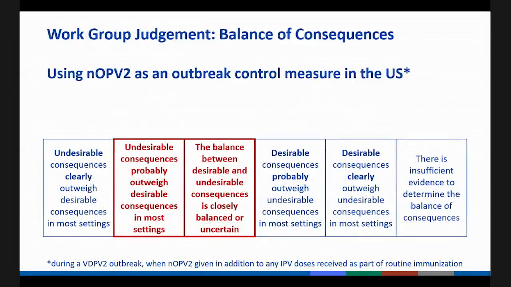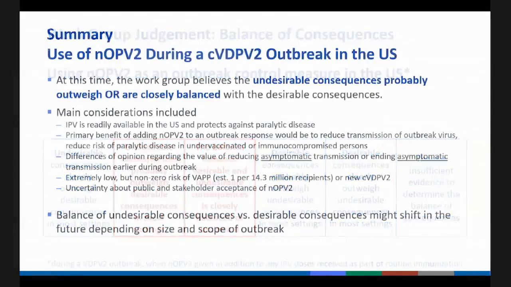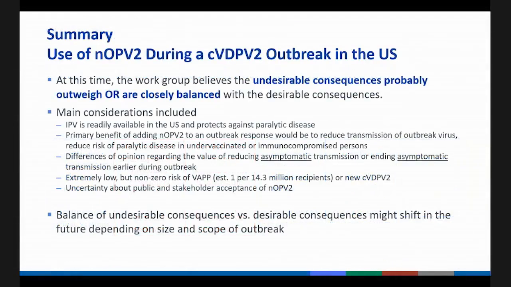So putting it all together, overall, most of the work group felt that the undesirable consequences of using NOPV2 during an outbreak in the US probably outweigh or are closely balanced with the desirable consequences. In summary, at this time, the work group believes the undesirable consequences of using NOPV2 probably outweigh or are closely balanced with the desirable consequences.